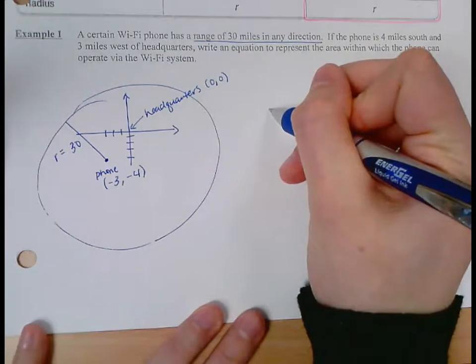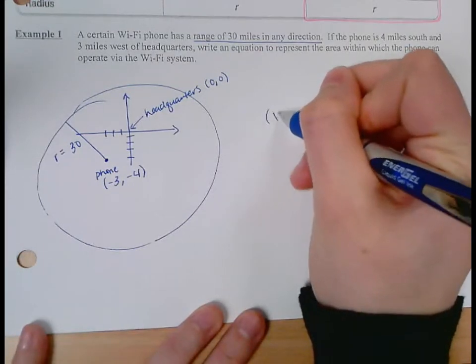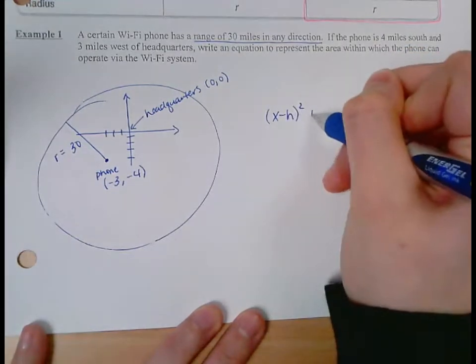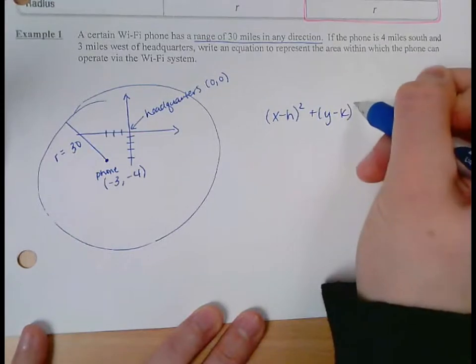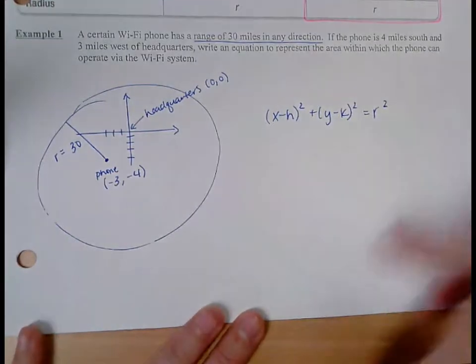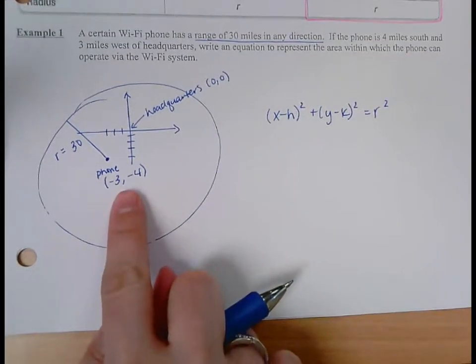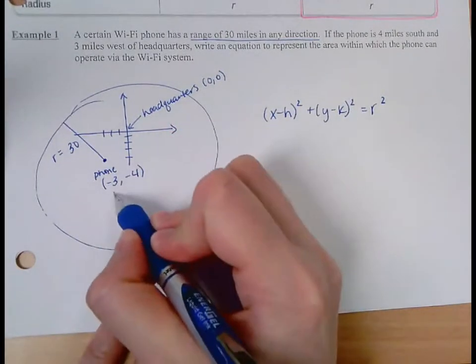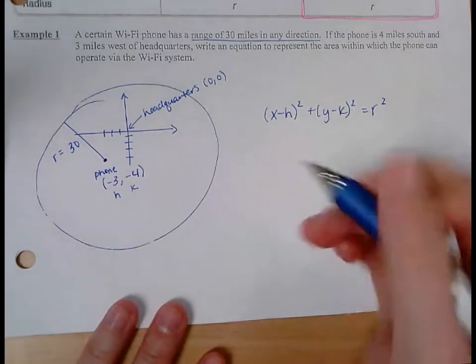The standard form of a circle is (x minus h) squared plus (y minus k) squared equals r squared. So here my center is (-3, -4), that's my h, k.